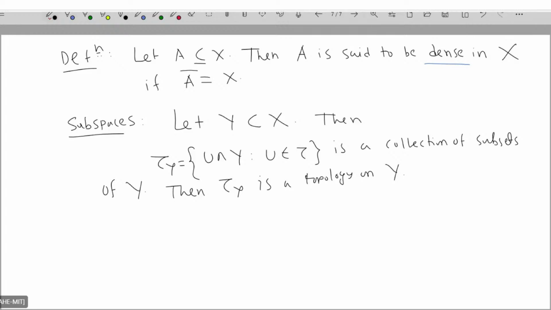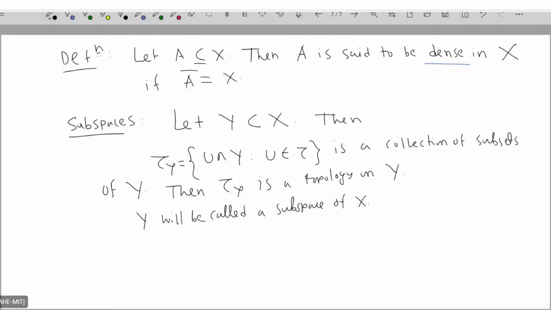In this case, Y is obviously a topological space, and because Y is a subset of X, we will say that Y is a topological subspace of X. By the way, if you know a basis for a topology on X, and you take the intersection of its elements with Y, you will get a basis for the subspace topology as well.